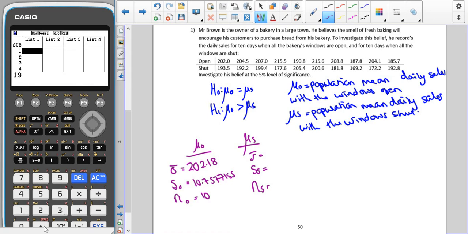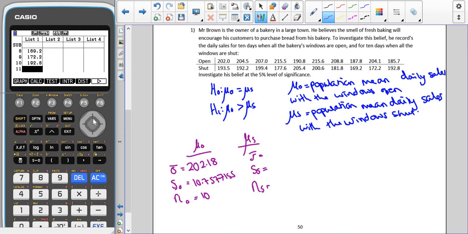So 193.5, 192.2, 199.4, 177.6, 205.4, 200.6, 181.8, 169.2, 172.2, and 192.8.